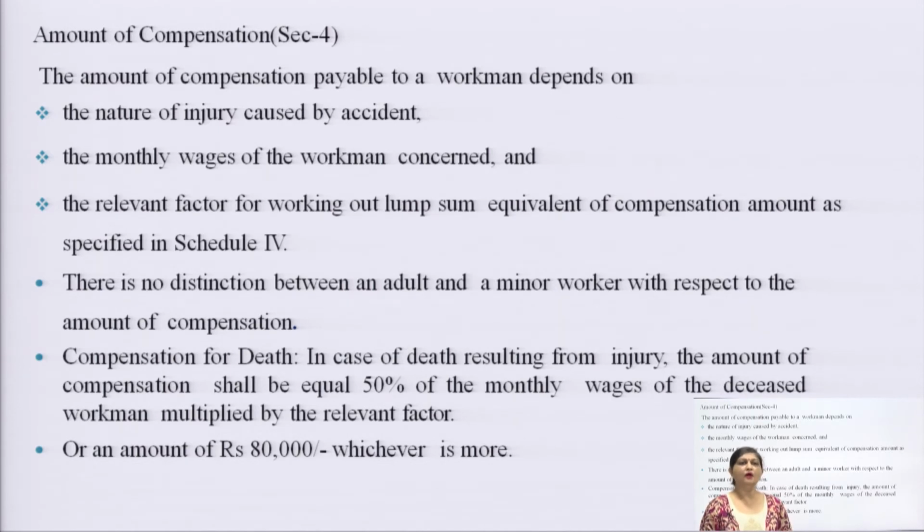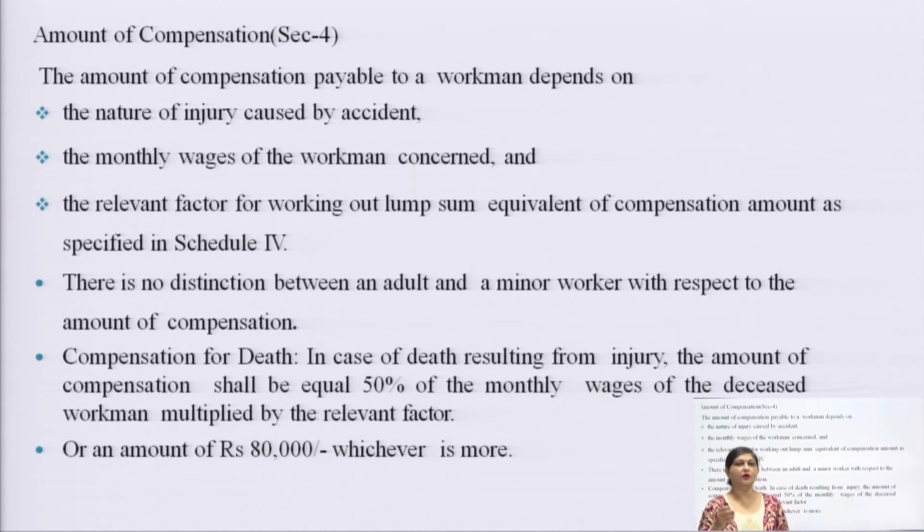Now, the amount of compensation payable to a workman depends on the nature of injury caused by accident, the monthly wages of the workman concerned, and the relevant factor for working out lump sum equivalent of compensation amount as specified in schedule 4. Now, there is no distinction between an adult and a minor worker with respect to the amount of compensation.